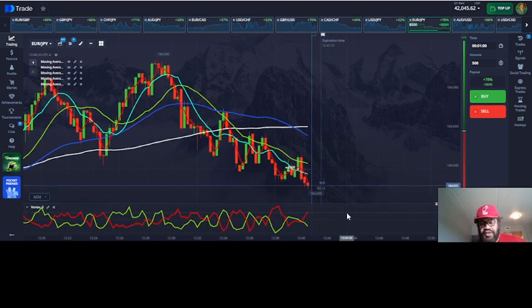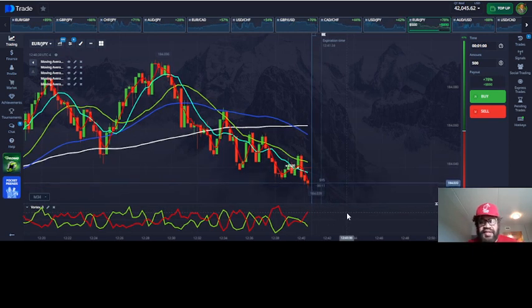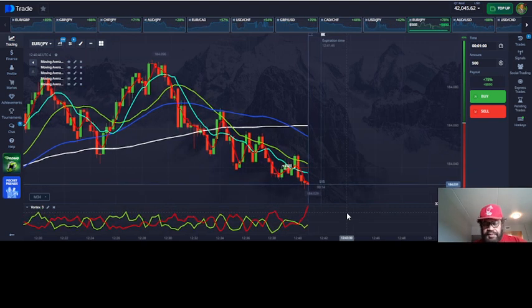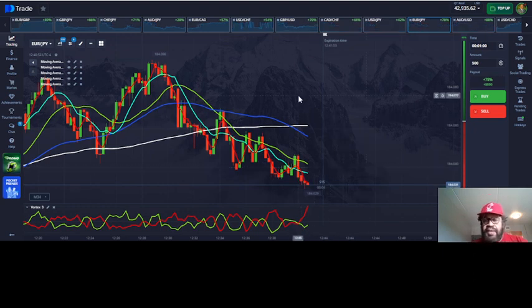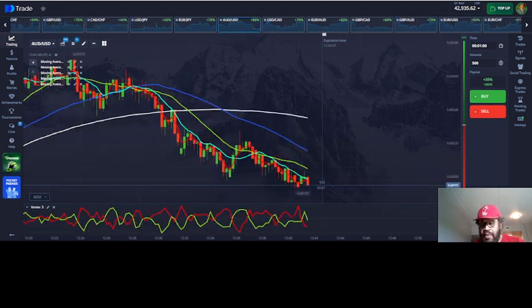So let's watch this trade and wait for the expiration at the end of the 60 seconds here. Okay. All right, so that trade was in the money, 3 for 3.